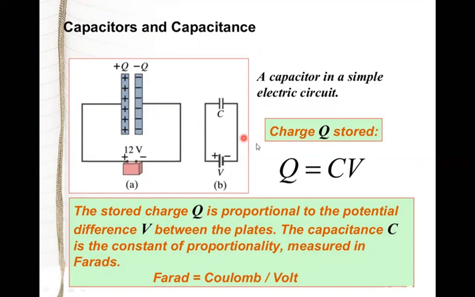That fully charged value is given as Q equals the maximum charge value. Q equals C times V. So the stored charge Q is proportional to the potential difference V between the plates. The capacitance C is the constant of proportionality, measured in farads. So the unit for capacitance is the farad, whereas the unit for resistance is the ohm.